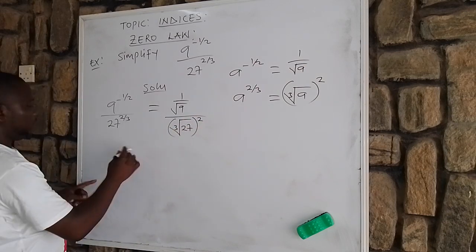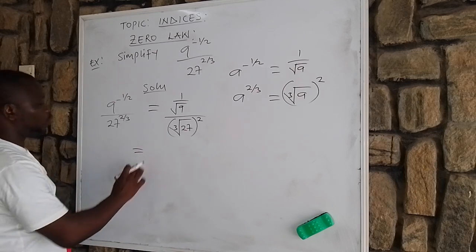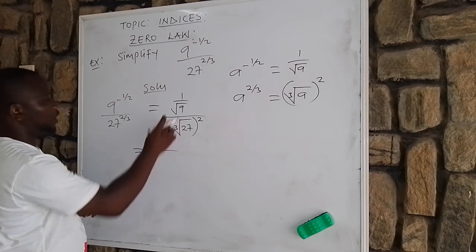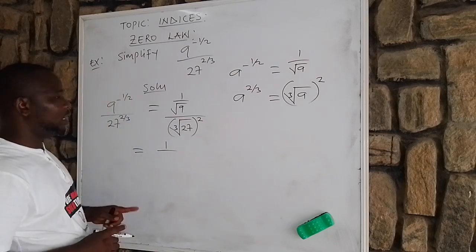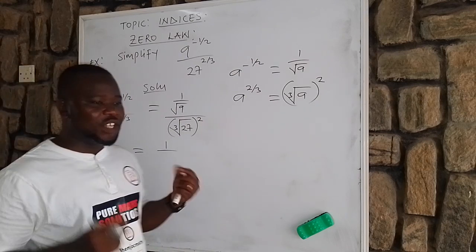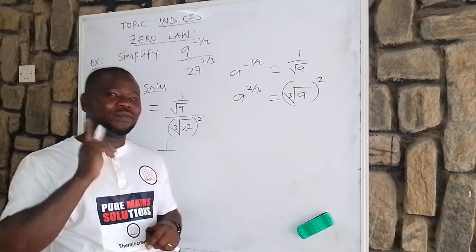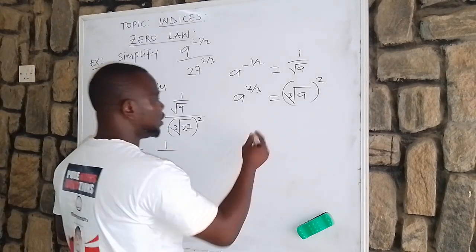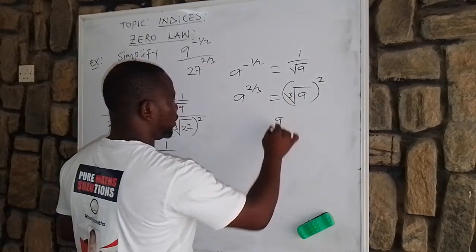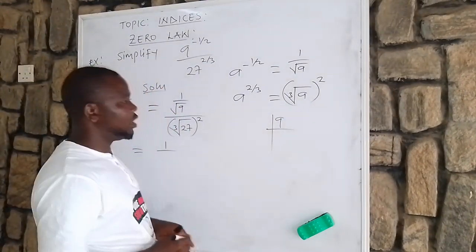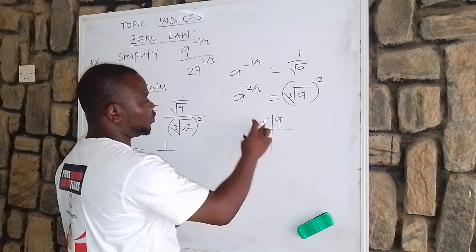So now this will be equal to 1 all over square root of 9. Square root of 9 means what? Any value that you can multiply by itself twice. So how can we find the square root of 9? Let's go back to our elementary mathematics. Can 2 divide 9?